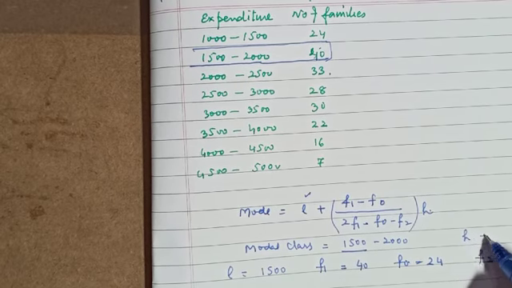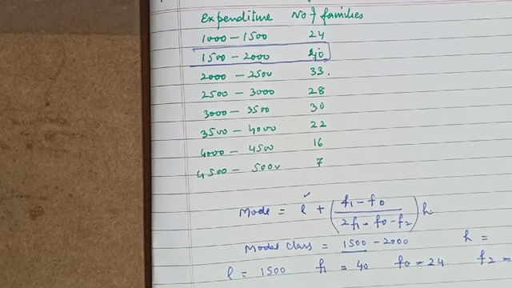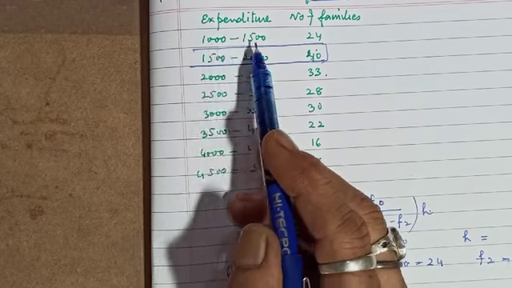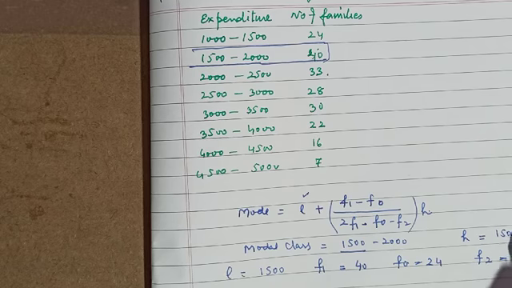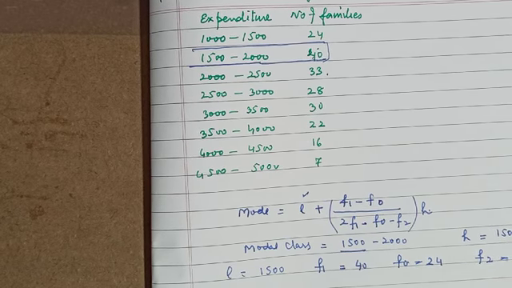The value of H is the difference between upper limit and lower limit, that is 1500 minus 1000, because it is same for all class intervals.